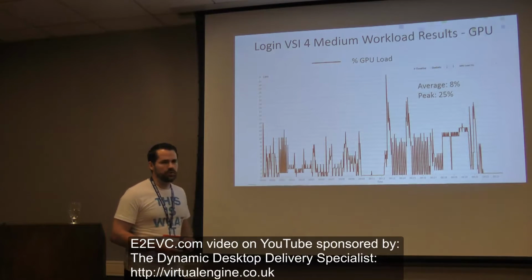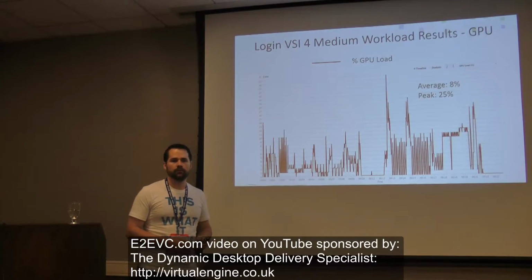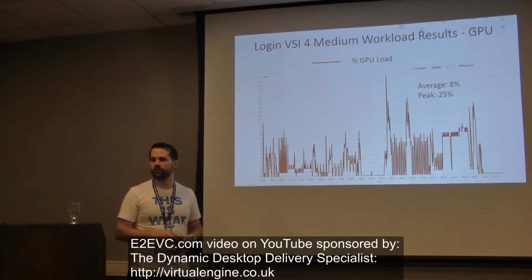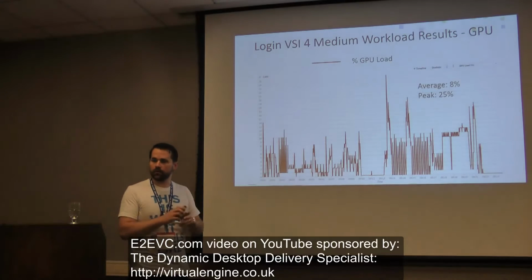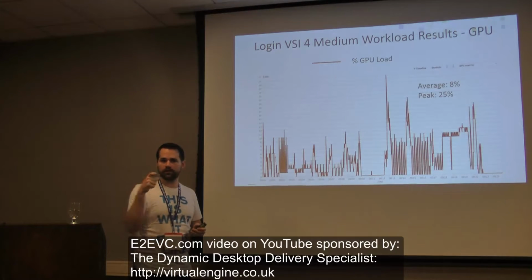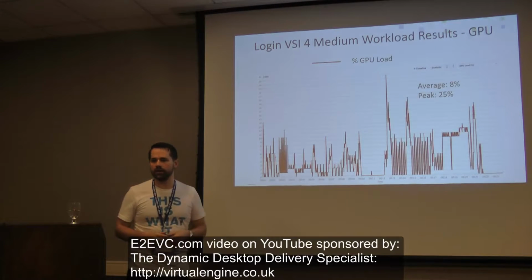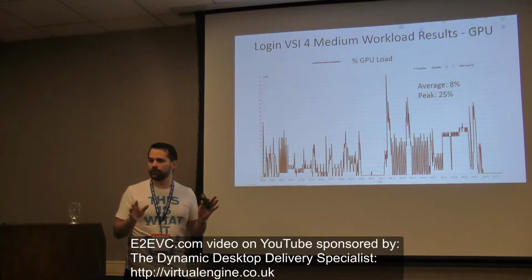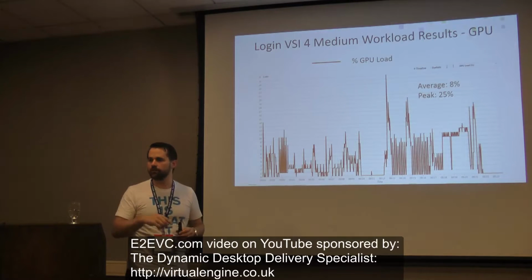I used GPU-Z, which is a free utility that you can go grab that actually does logging to a log file of GPU utilization over time. And this was using the standard VDA, which again, they wrote a hotfix that tells the VDA to offload to the API if it does Windows Media decoding or anything like that. And the standard VDA, not even HDX 3D Pro, was averaging about 8% over that 48-minute period of time, and the peak was 25%.